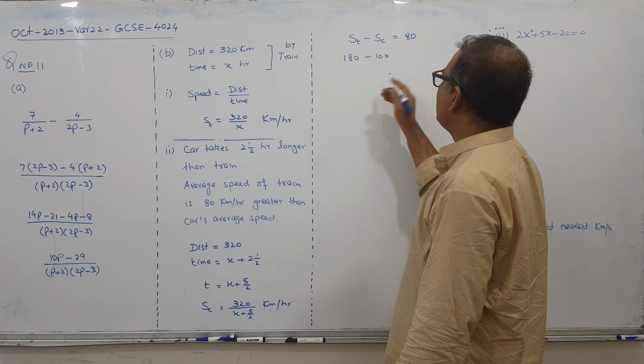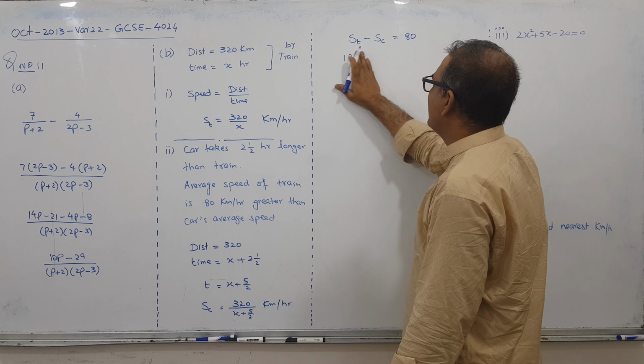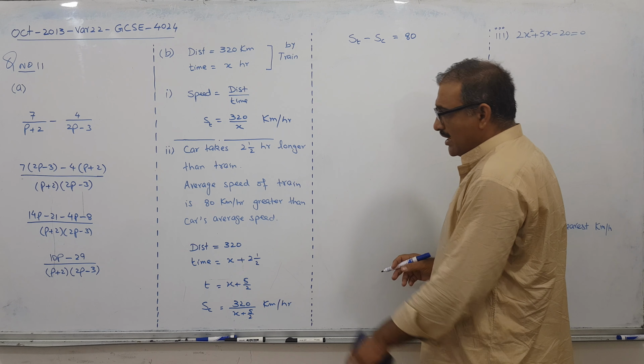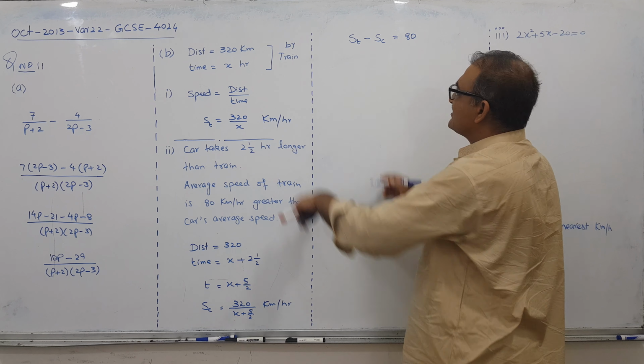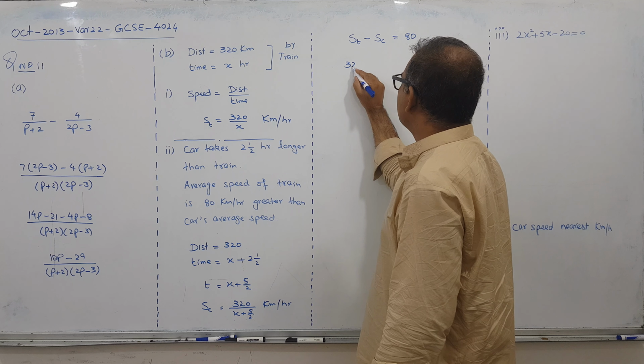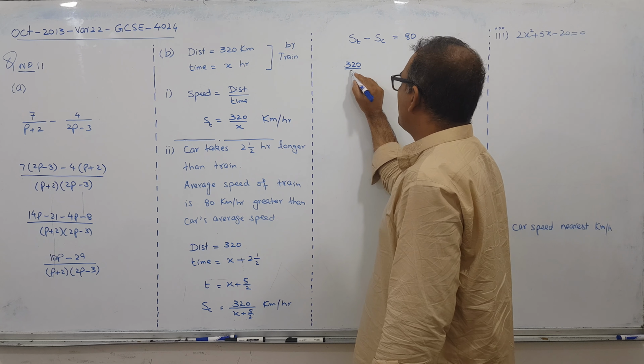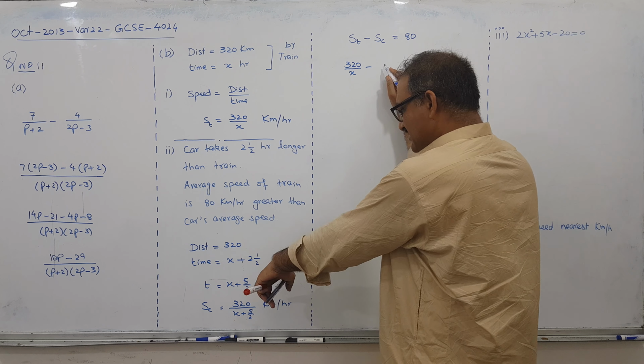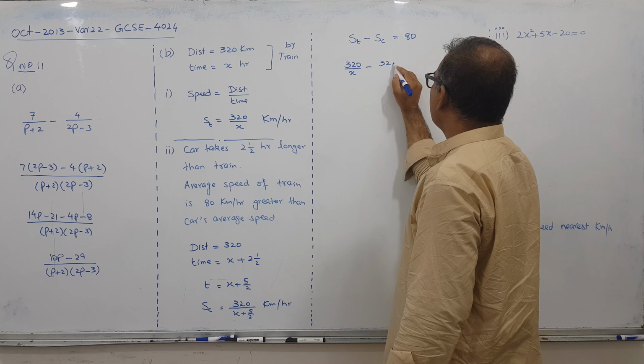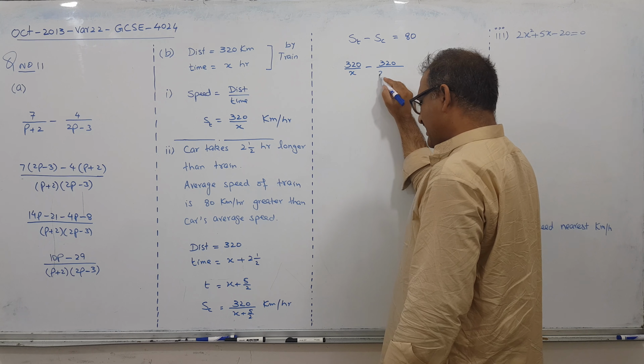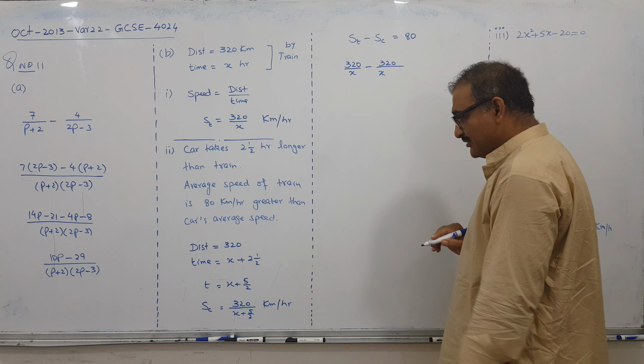So the difference comes to 80. I just assume some values anyway. Now ST is here, this is ST. So right here 320 by x, then minus this one, 320 by x plus 5 by 2.